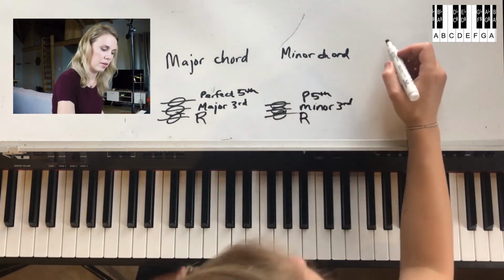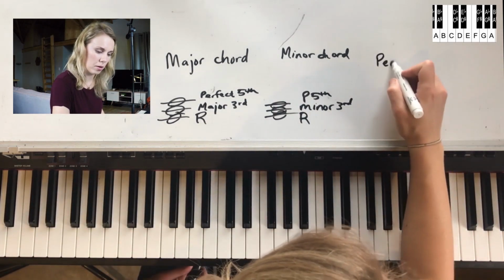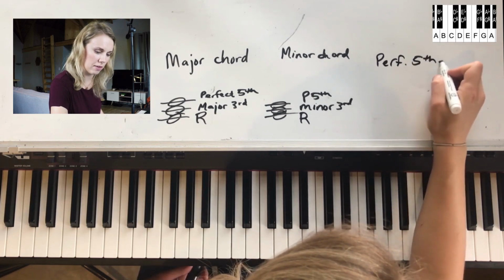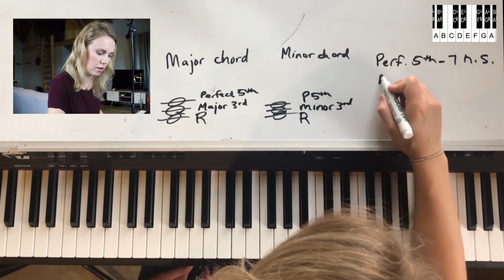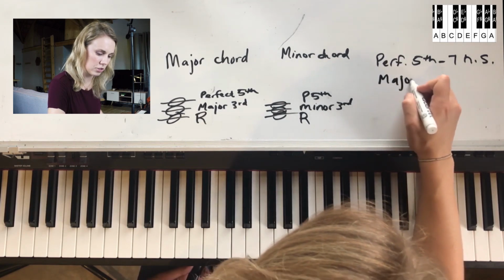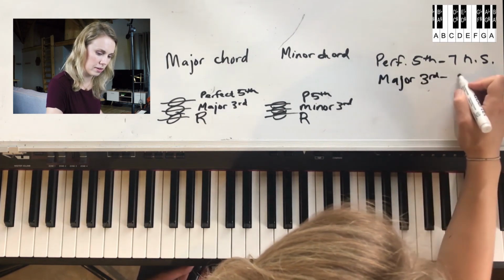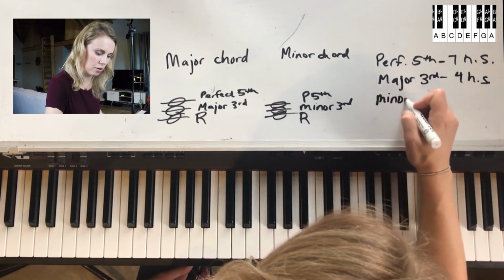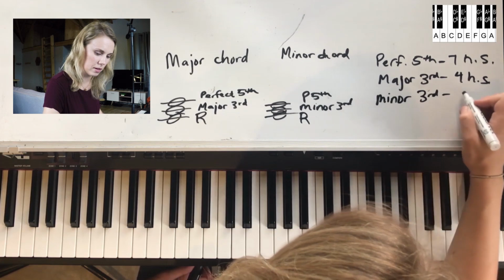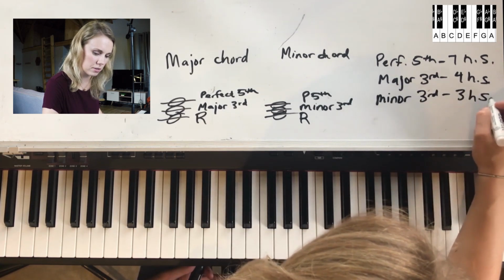I'm going to show you. A perfect fifth is 7 half steps. Remember, half step is when they're right next to each other. A major third is 4 half steps. A minor third is 3 half steps. Okay?